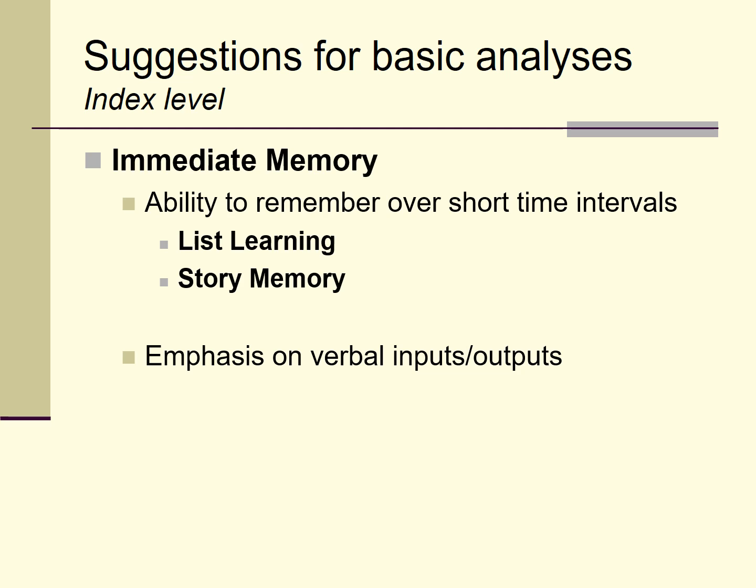The emphasis here is on verbal inputs and outputs, meaning the input you're giving the client is you're speaking verbally to him or to her, and they're speaking back to you. Again, there's very little motor work on the RBANS, and that's by design.